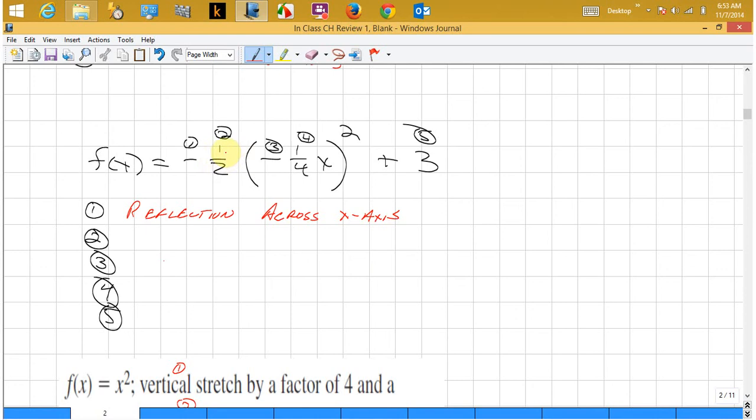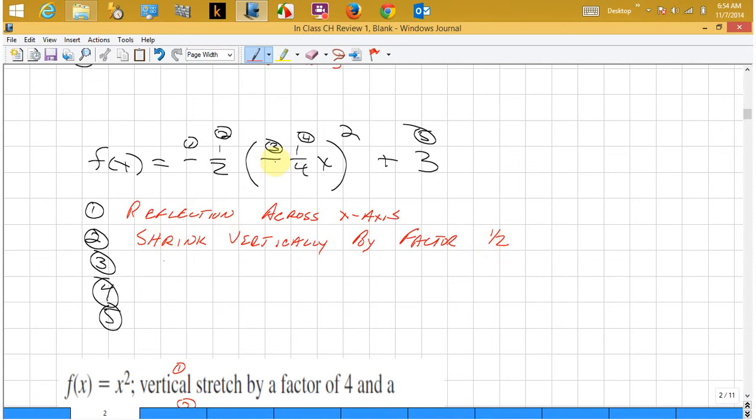We have a 1/2 multiplier, so that's going to shrink the y value, which would be a vertical shrink. Right, so remember, we have to put the term shrink since the y will decrease. So don't put stretch by a factor of 1/2, put shrink.